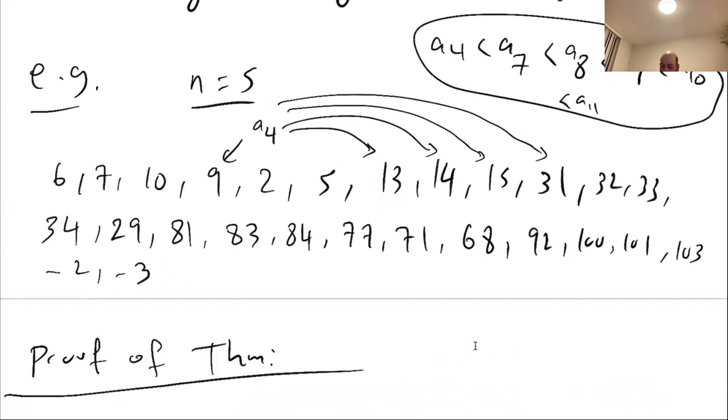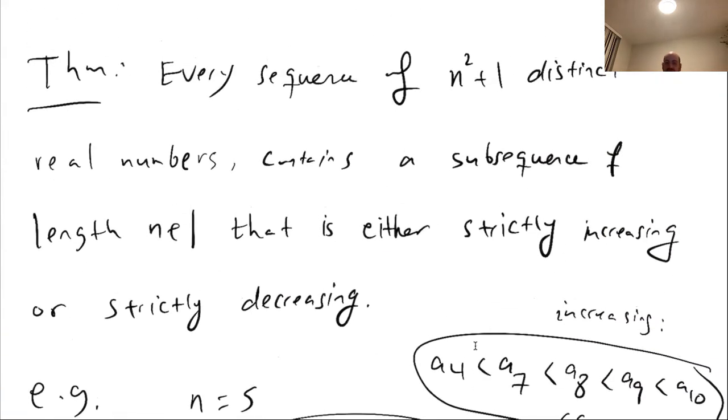Okay, so again, we have n squared plus 1 elements. So n squared plus 1 distinct real numbers. So let's call them a1 to a n squared plus 1.